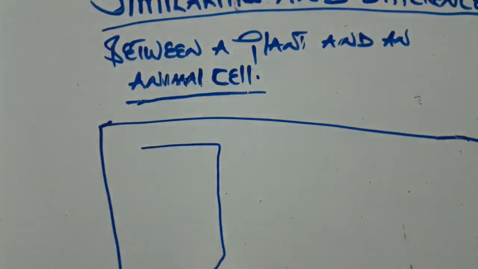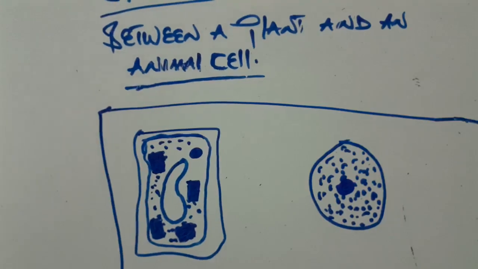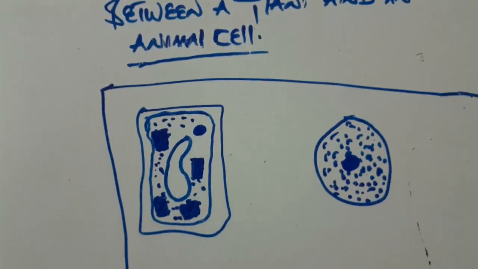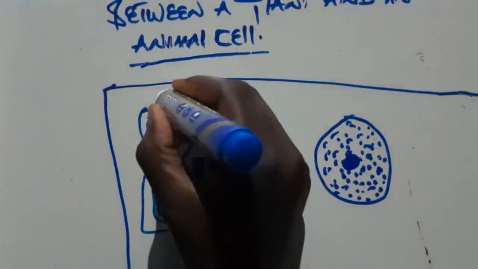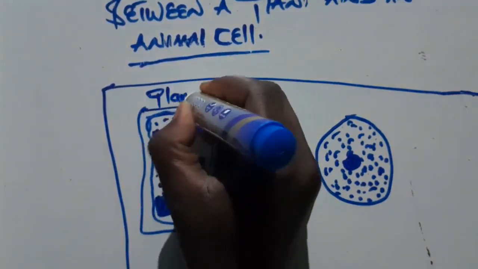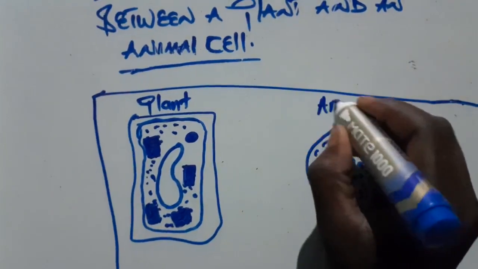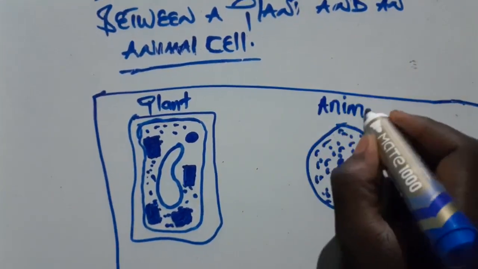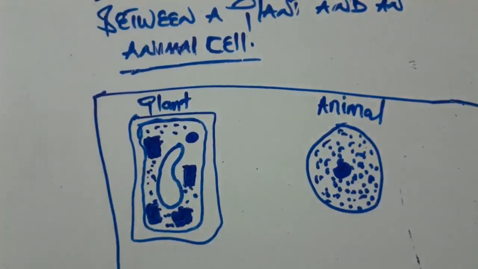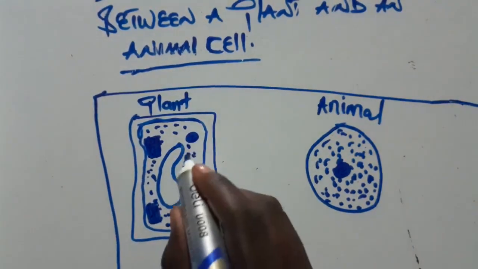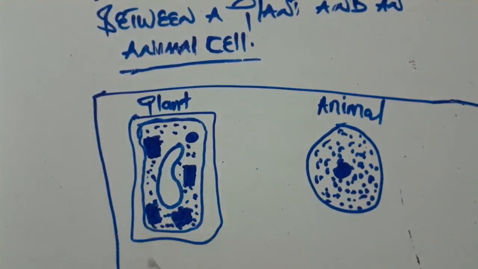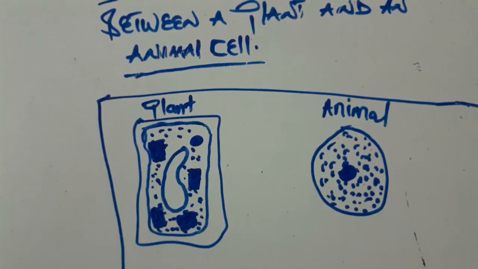A plant cell looks like this. And this is an animal cell. So what are some of the similarities that we are able to notice?